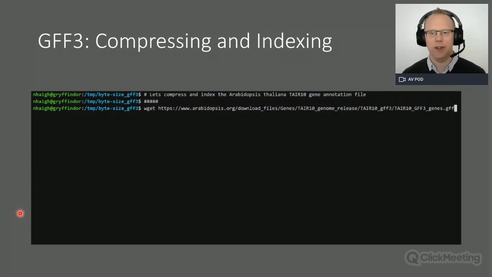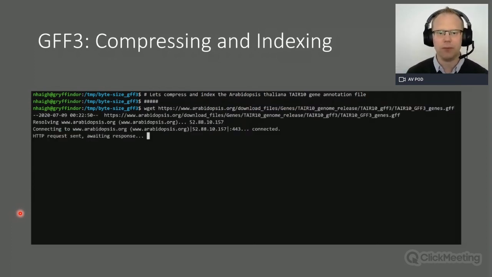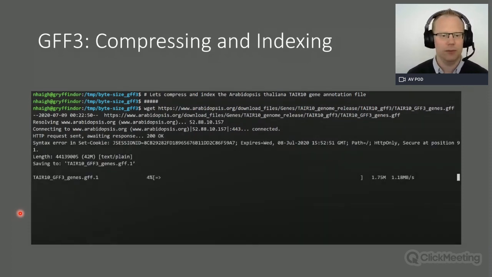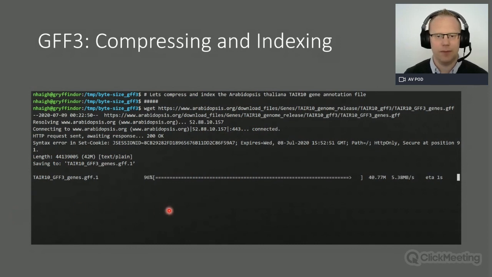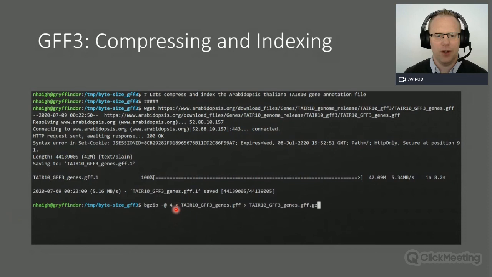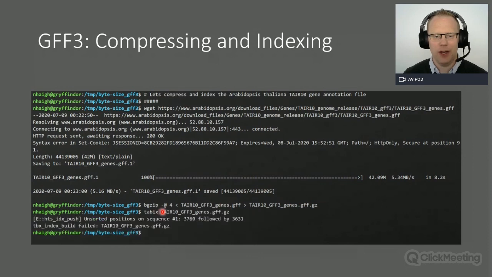So again, here we'll look at the Arabidopsis TAIR10 gene annotation file. So we'll bgzip compress it with 4 cores here and output it to a new file. And then we'll try and index it.